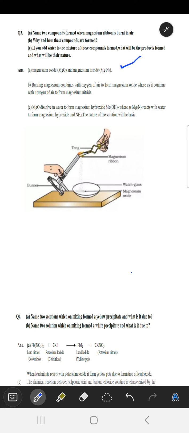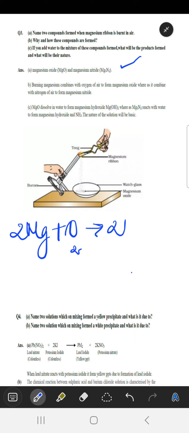In part B, we have to show how these compounds are formed. So you have to write the equation. First, how is magnesium oxide formed? We all know when magnesium reacts with oxygen, we get magnesium oxide.